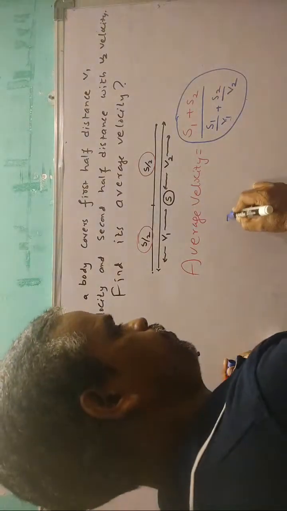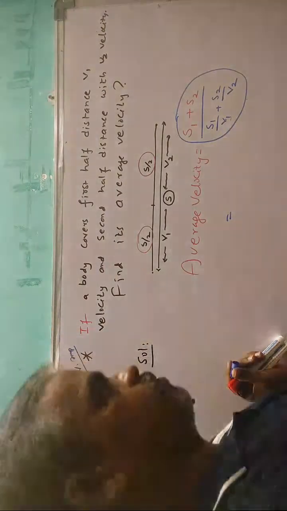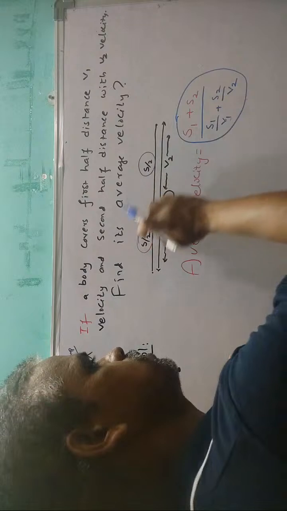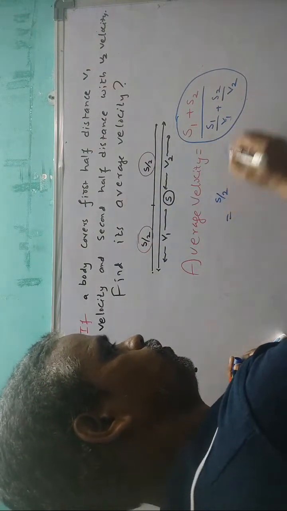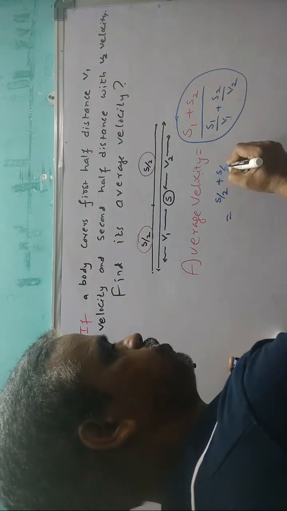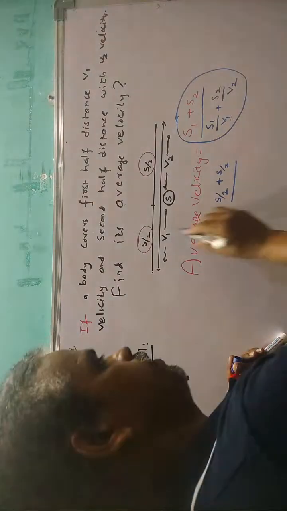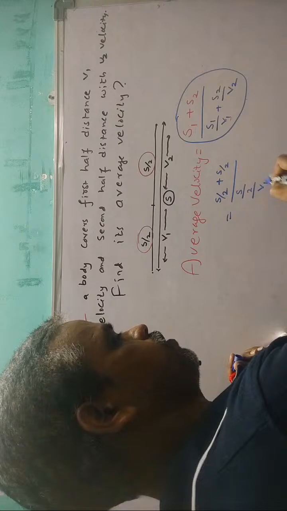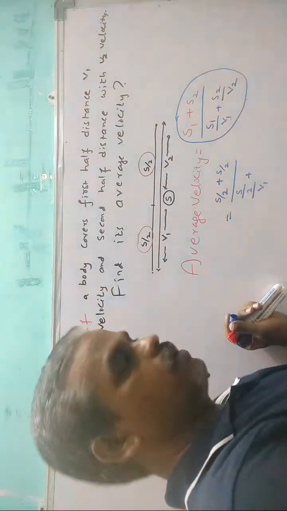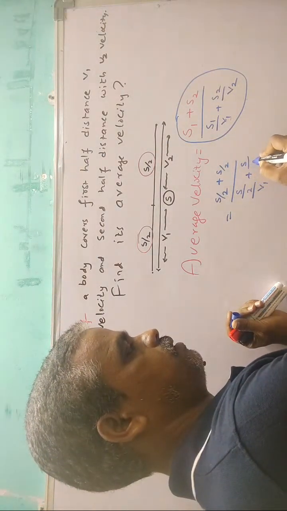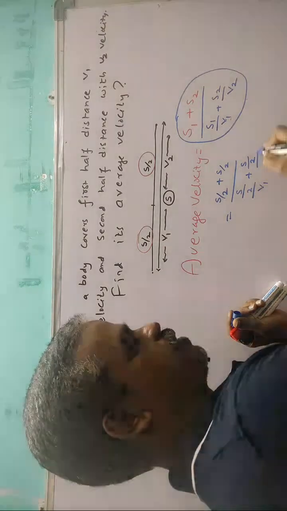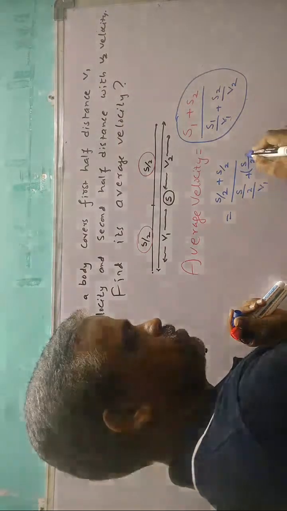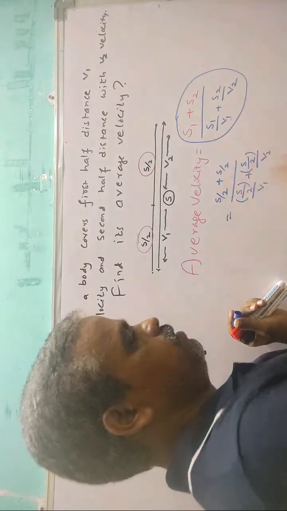Now, is it visible? S1 is S by 2, S2 is S by 2, divided by S1 by V1, that is S by 2 by V1, next S by 2 by V2. This is a little bit confusing: a fraction over a fraction.